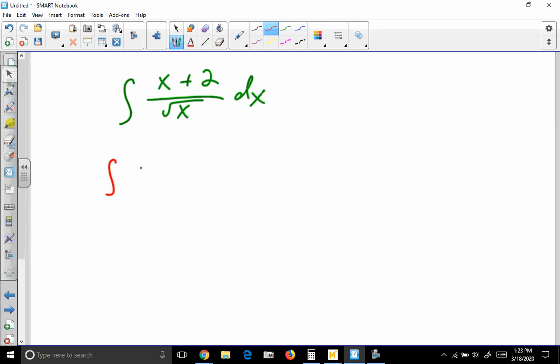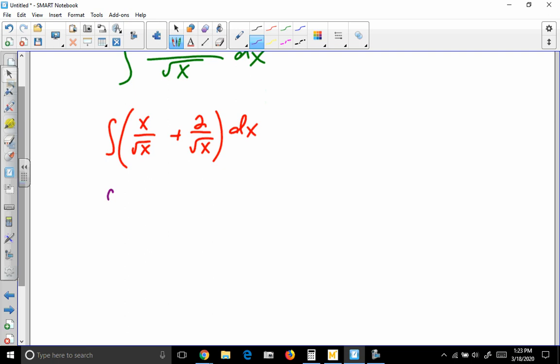We can take each term and divide it by the denominator: first term over the square root of x and the second term over the square root of x. So for the first term, we have x to the first on top, x to the 1/2 on bottom, and we can simplify that. Let's go ahead and write the second one as x to the 1/2.